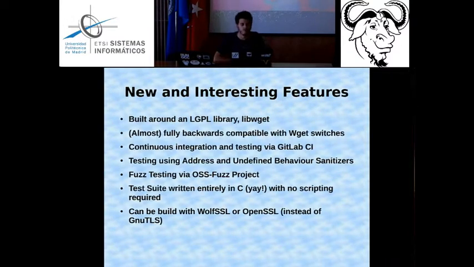Now we're going to talk about new features that WGET2 has and WGET does not. It's built around libwget. If you were here in the morning at Tim's talk, you have already seen libwget. It's almost fully backwards compatible with WGET switches.